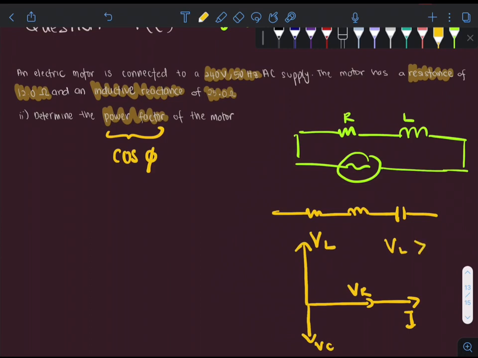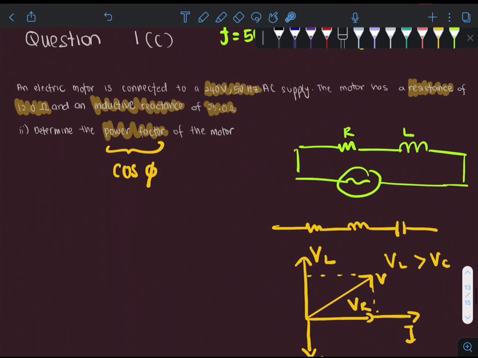Let us assume our VL is greater than VC, voltage across inductor is greater than VC. The V net, which is V RMS, V total here, will be somewhere in this first quadrant here, where the voltage here is leading the current. However, in our question, we only have RL circuit, which means we do not have any capacitor connected in our circuit.